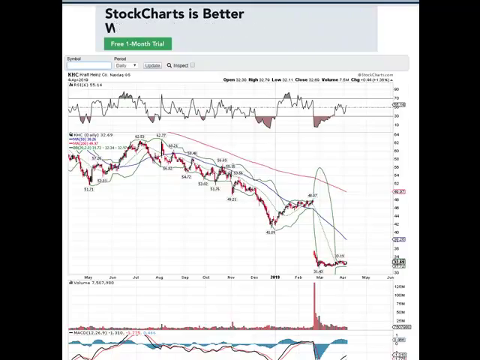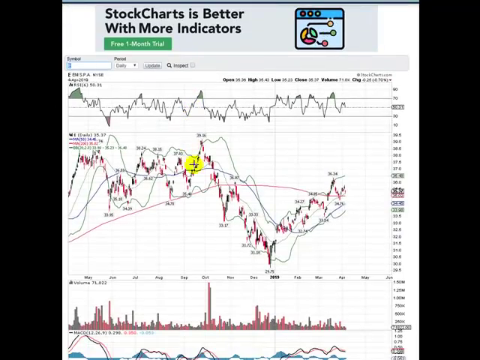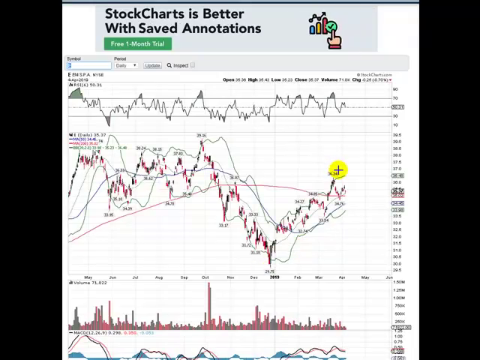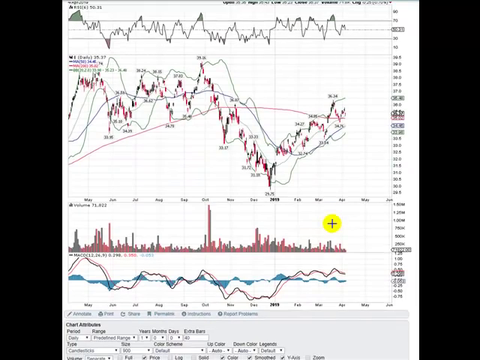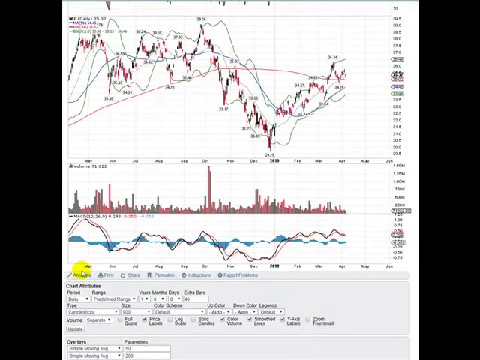So next we've got symbol E, and this one has had quite a recovery from the 29s to the 36s. This is its first time above the 200-day moving average in a bit, and that moving average is still not necessarily tilted up.